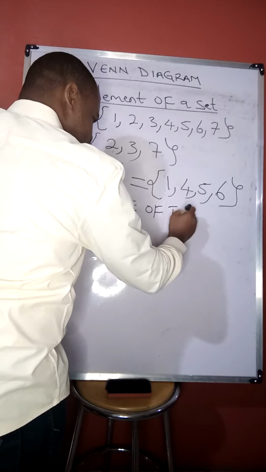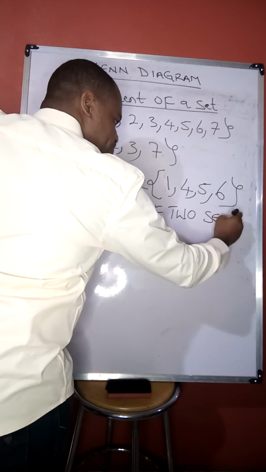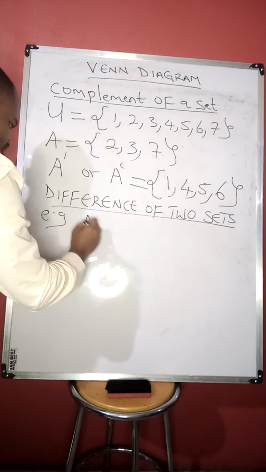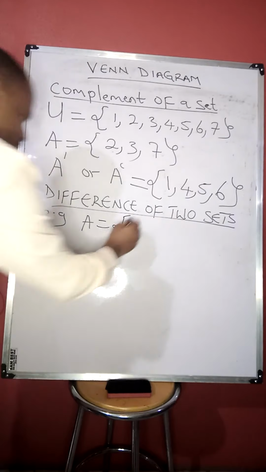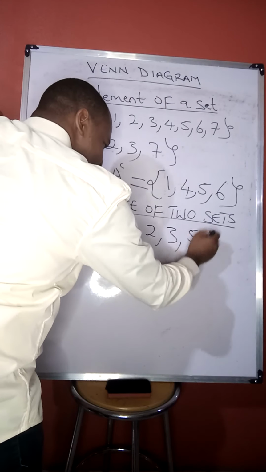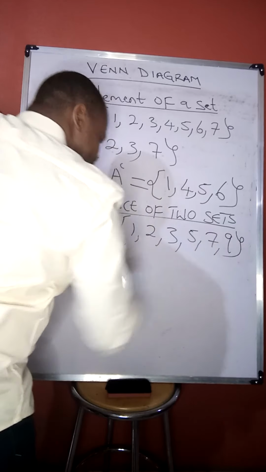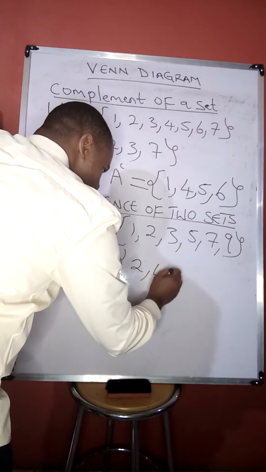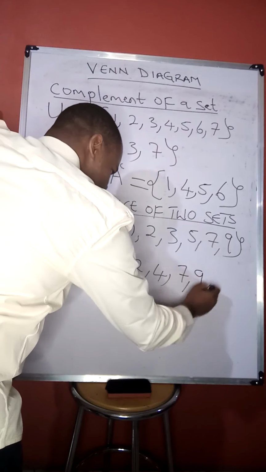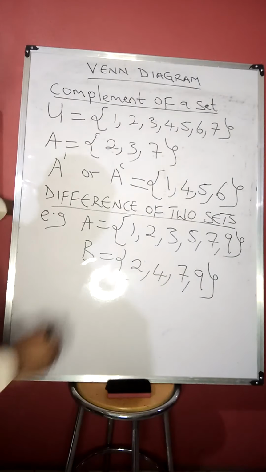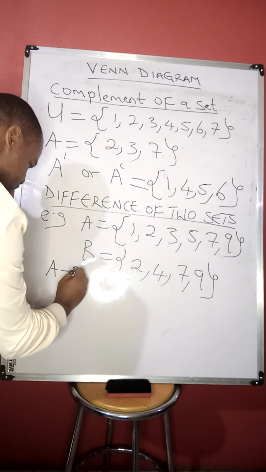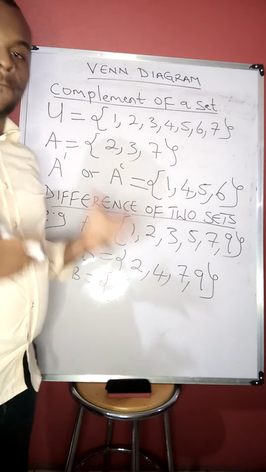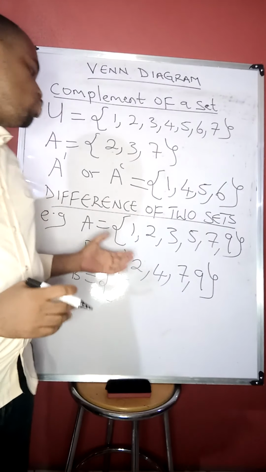Difference of two sets. If, for an example, I am given a certain set A to be equal to 1, 2, 3, 5, 7, 9, and I am given another set B to be equal to 2, 4, 7, 9, and I am now asked to find the difference, that is A minus B. Now, if I am asked to find A minus B, the same way you do your minus in normal arithmetic, you also do the same thing here.